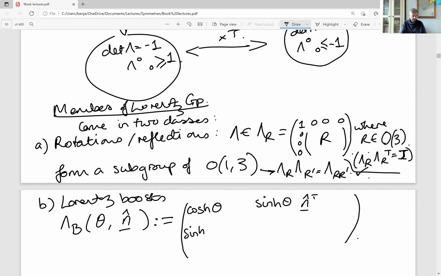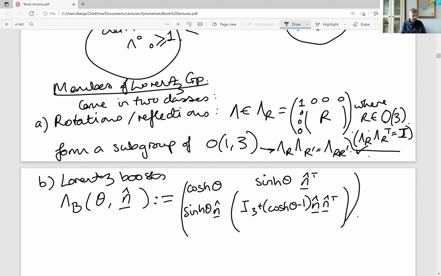And here we have sinh theta n. And in this bottom 3 by 3 block, we have I3 plus (cosh theta minus 1) n n transposed. This describes a Lorentz transformation with velocity v equals n tanh theta.